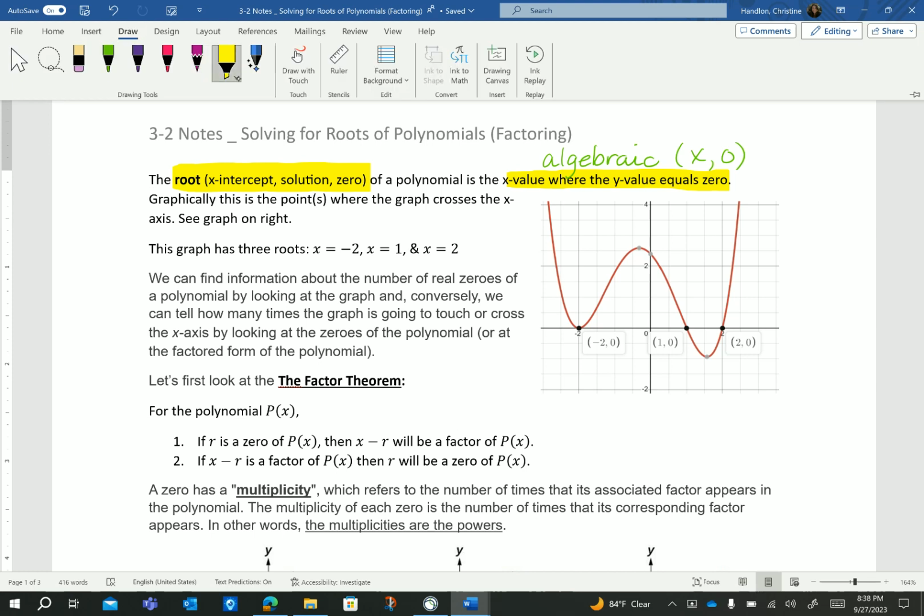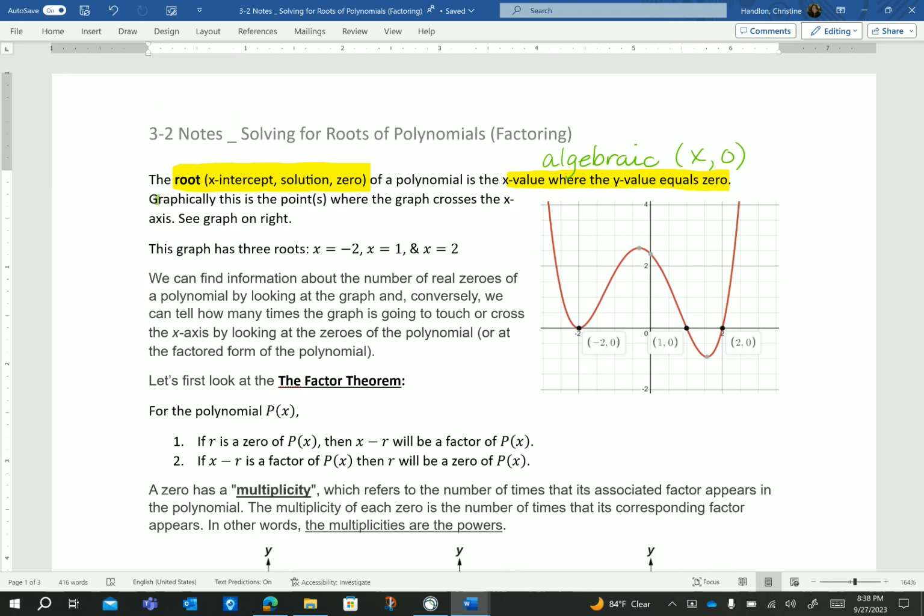So as far as the definition for graphs, the location where the graph crosses the x-axis is known as the x-intercept. So in this image down here below, notice we have 1, 2, 3 x-intercepts, and you can also see that the coordinates are given, and notice that every single time the y value is a 0.